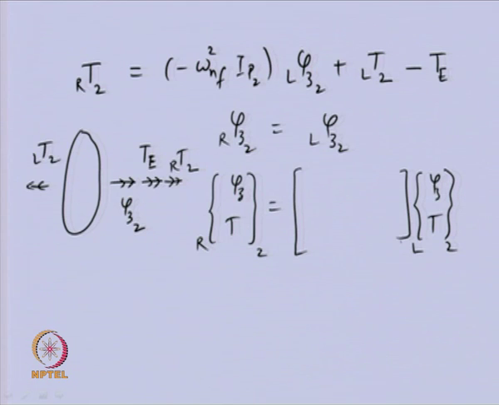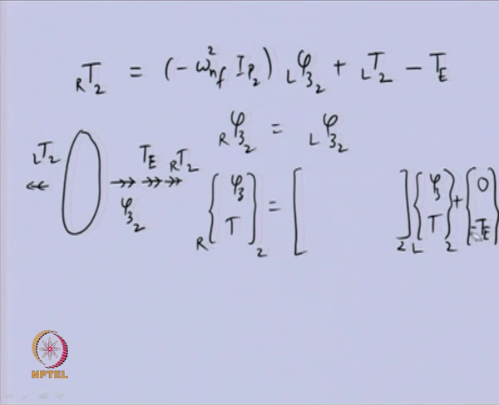This particular matrix is for disk 2, and in addition to this, because of the external torque, we will have another vector, because the last equation corresponds to the torque equation.